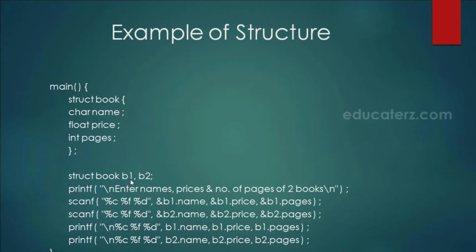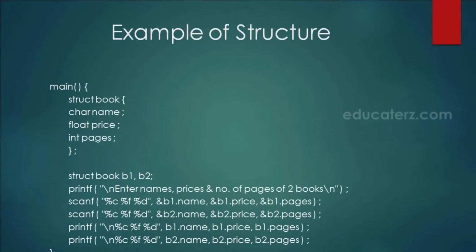Here a structure can be called a user defined data type or derived data type, because we decide what data it should gather, what data variables it should have and the data types of those variables. So we can call it a user defined or derived data type.